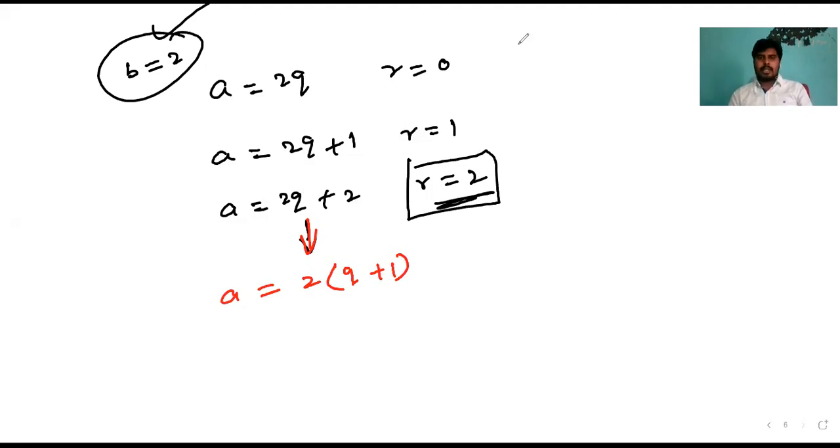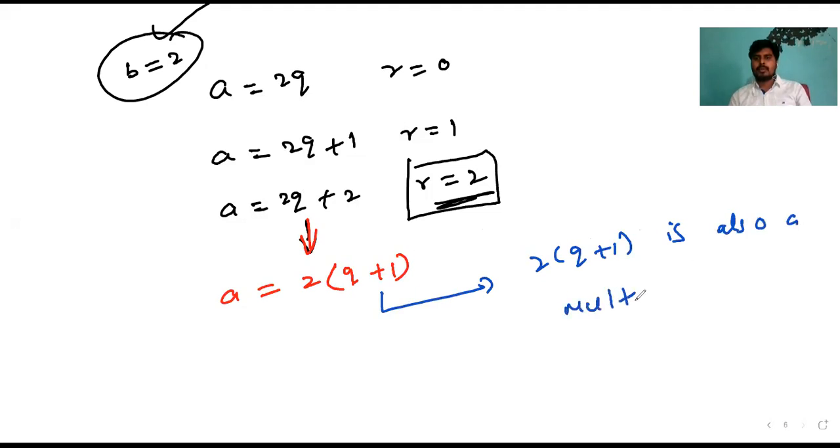So what I'm telling is this 2 into q plus 1 is also a multiple of 2. Did you get that? 2 into q plus 1 is also a multiple of 2.